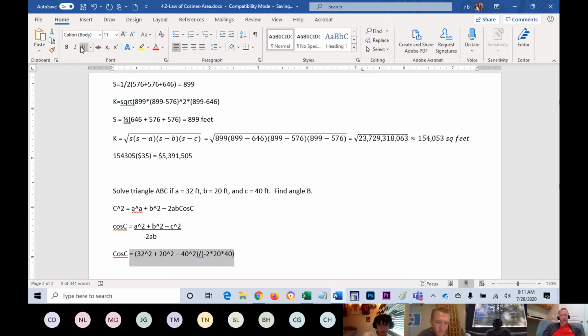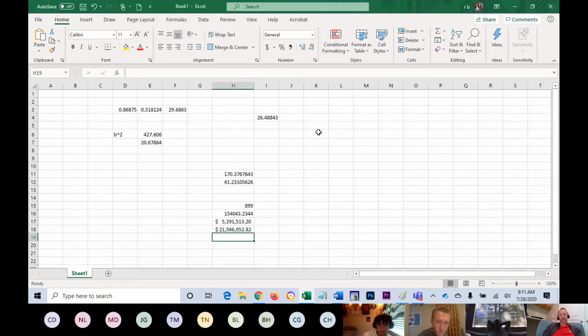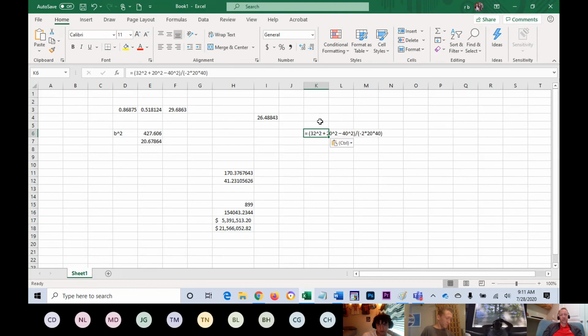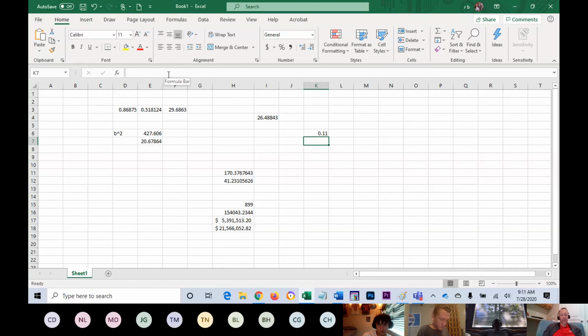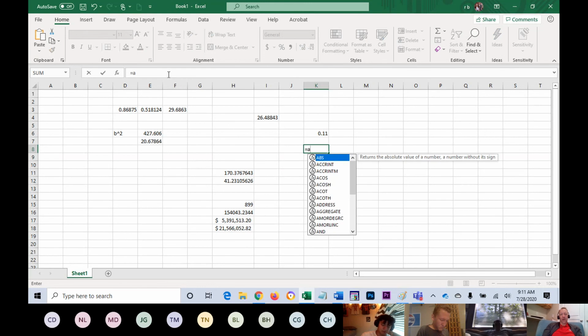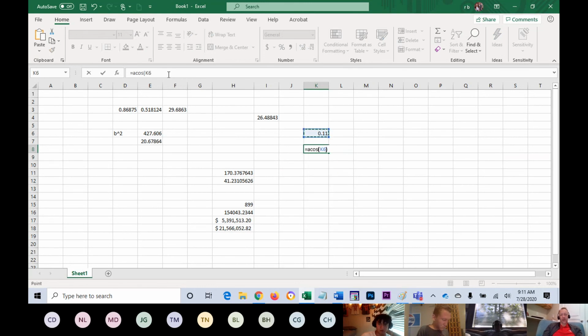Okay. Let's see how well this does, except it's not going to like my minus sign over here. So that's in radians. I guess that's okay. So then we're going to do arc cosine of that, which is 1.46.